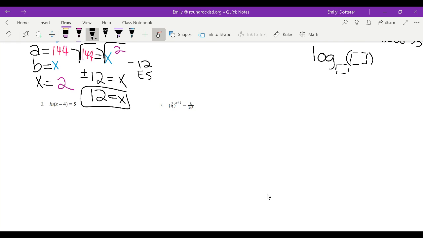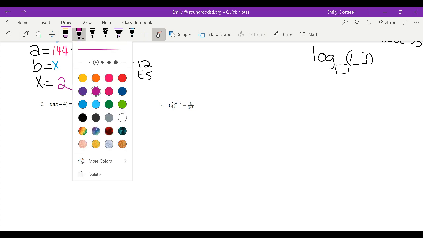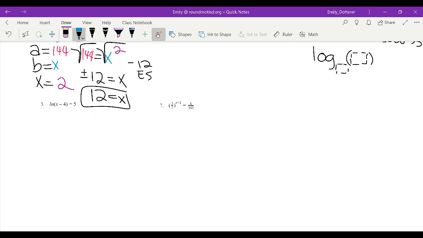Okay, number 3. This time we have a natural log, and there's no base explicitly given to us, which means that it's e.